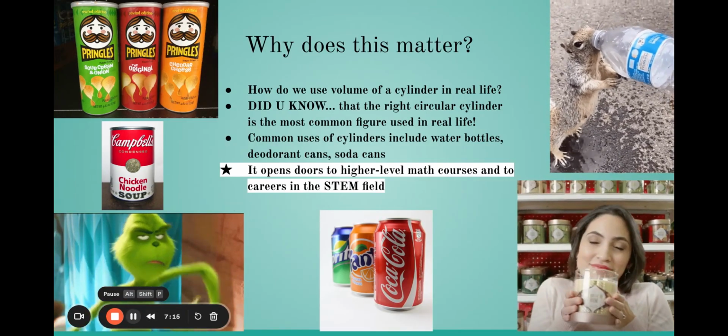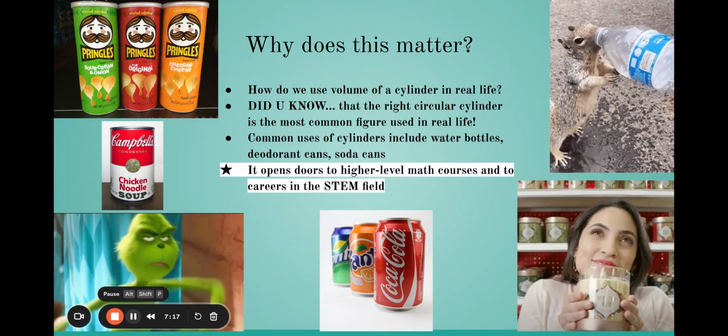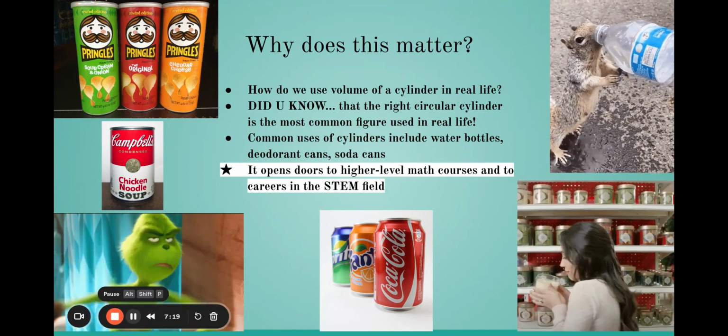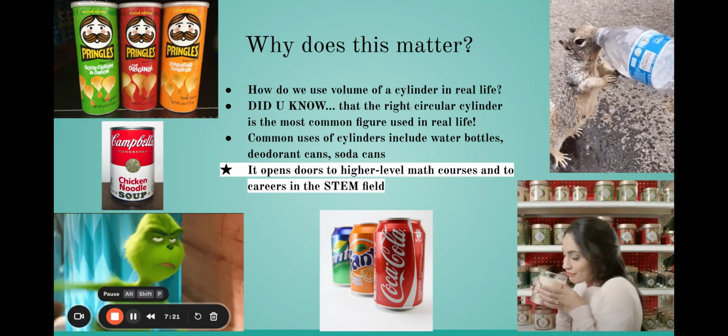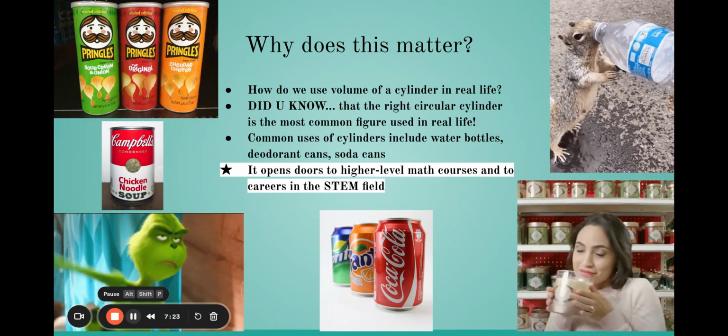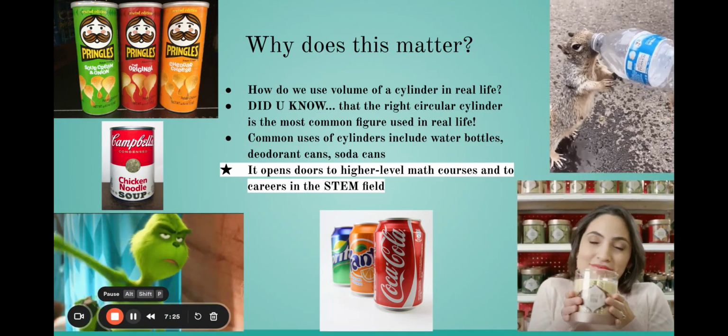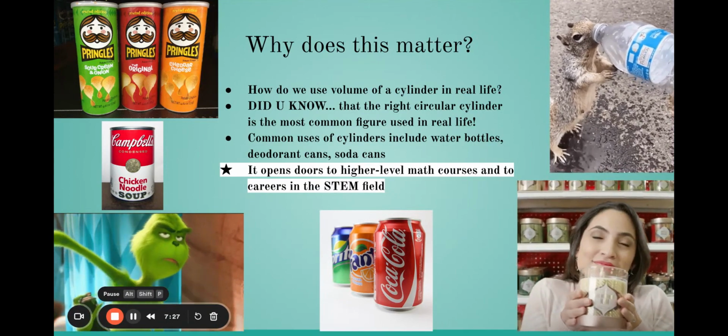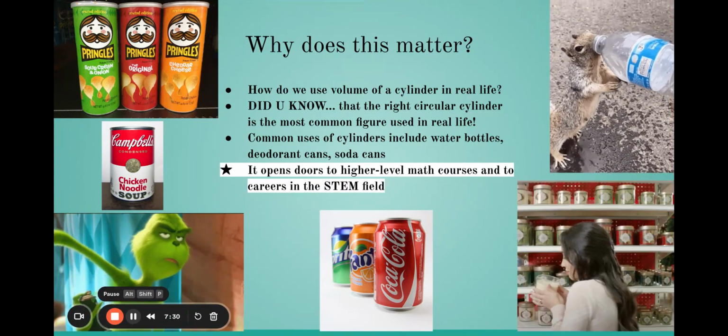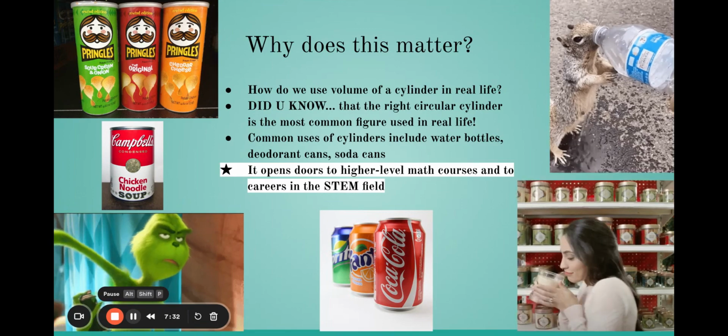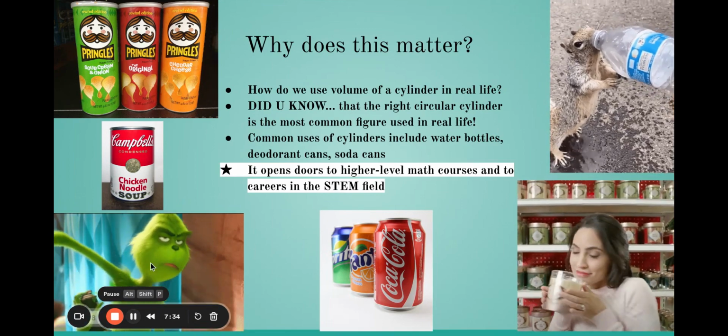So you might be asking yourself, why does any of this matter, and how do we use the volume of a cylinder in real life? Well, volume helps us determine how much material can be put inside of a container, like how many chips will fit in the Pringles can, how much soup will fit in the Campbell's can.